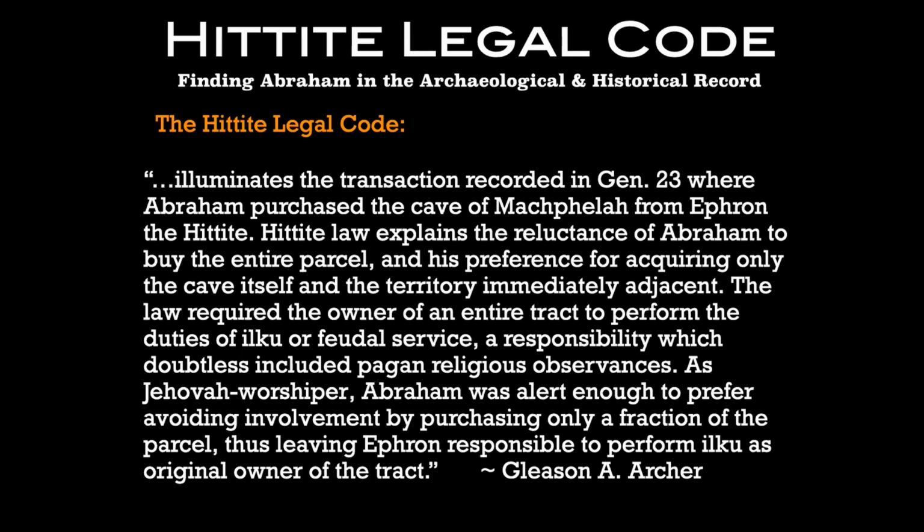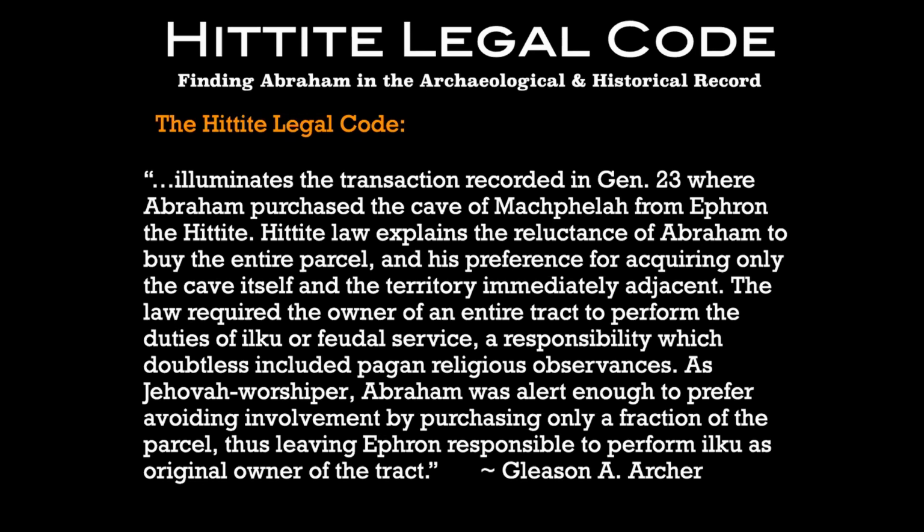This is a quote from Gleason Archer, one of my heroes in Old Testament scholarship. He says, "The Hittite legal code illuminates the transaction recorded in Genesis 23, where Abraham purchased the cave of Machpelah from the Hittite," I forgot the guy's name. "Hittite laws explain the reluctance of Abraham to buy the entire parcel and his preference for acquiring the cave itself and the territory immediately adjacent to it.